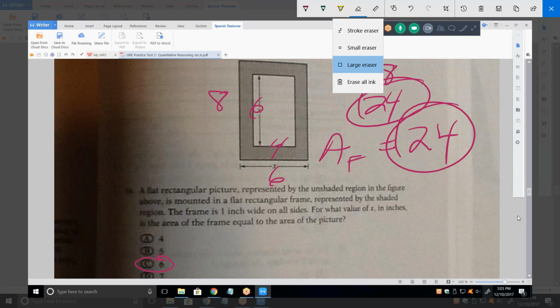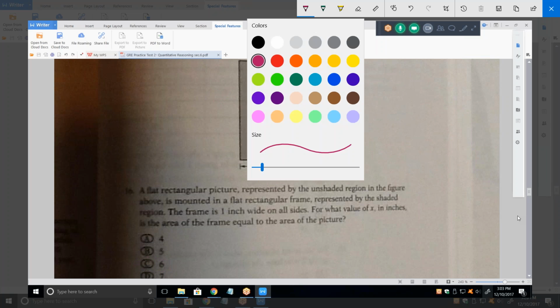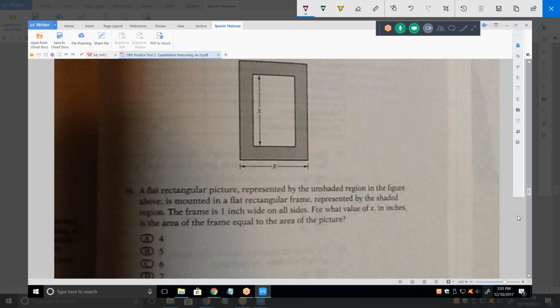Now, I did something wrong. Let me just go back and correct it. Because 6 was not the next one to try. 7 was. And here's what we get when we do 7. That's 7. That's 5. That's 7. That's 9. The area of the rectangle is 63.